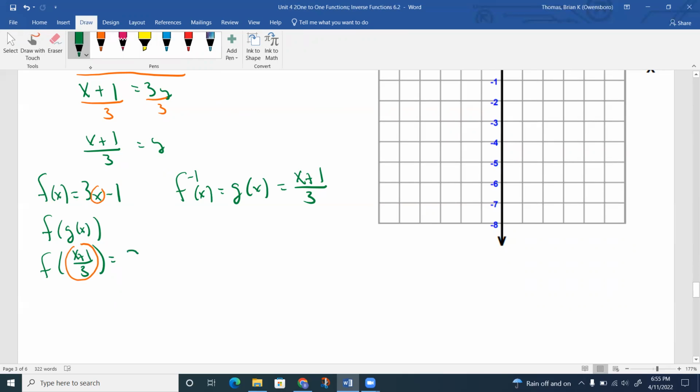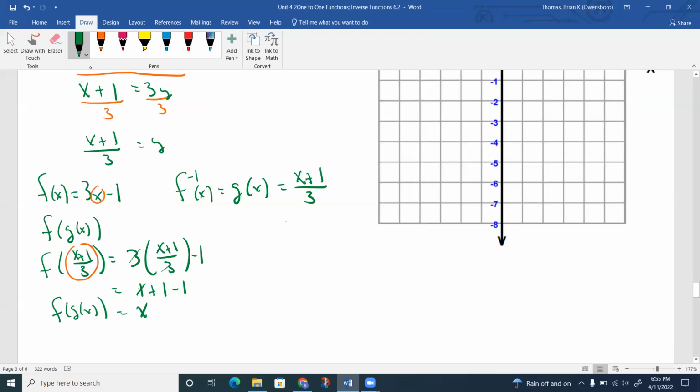So this becomes 3 times x plus 1 over 3, minus 1. Notice how the 3's will divide out, and that leaves me with x plus 1 minus 1. The plus 1 and the minus 1 zero out, so that gives me my x. So the first test works: f of g of x does equal x.